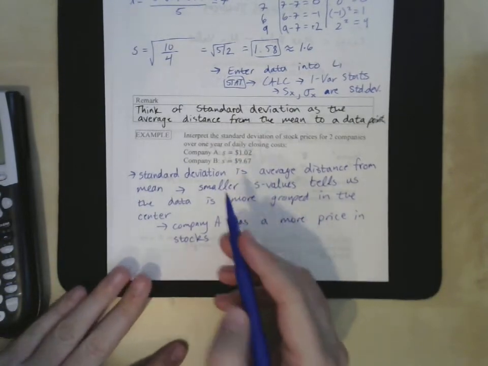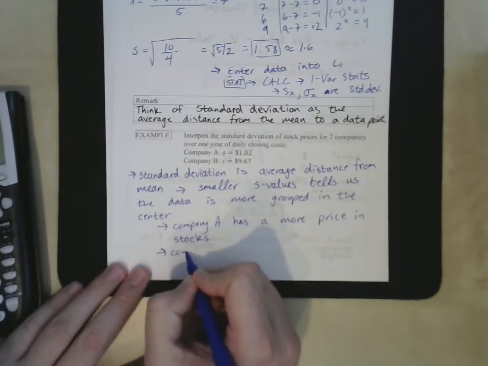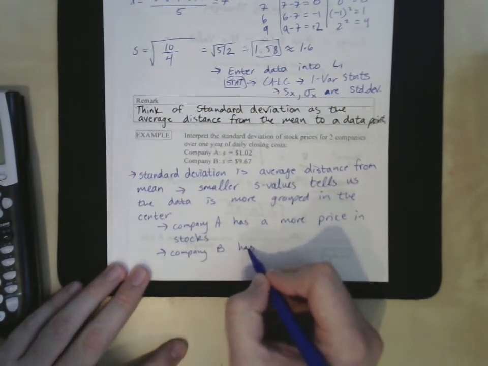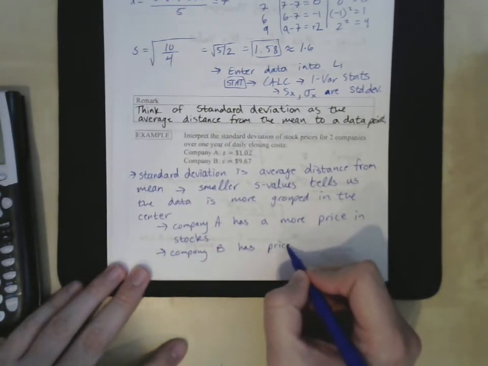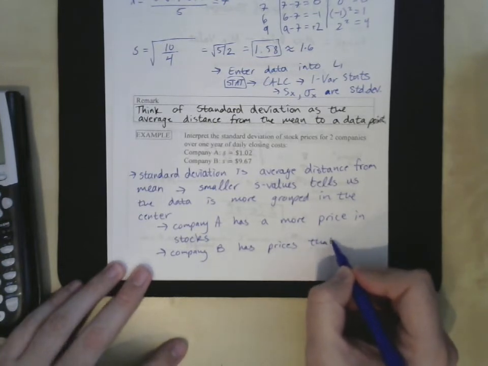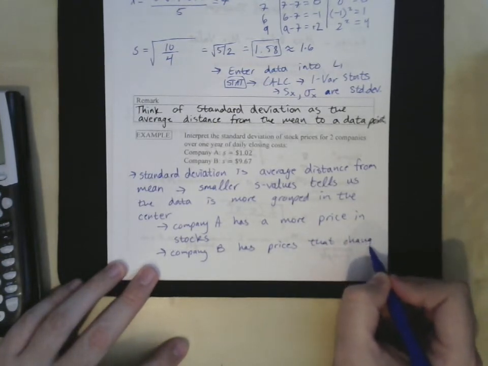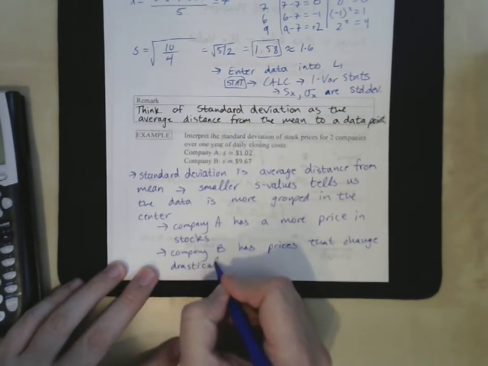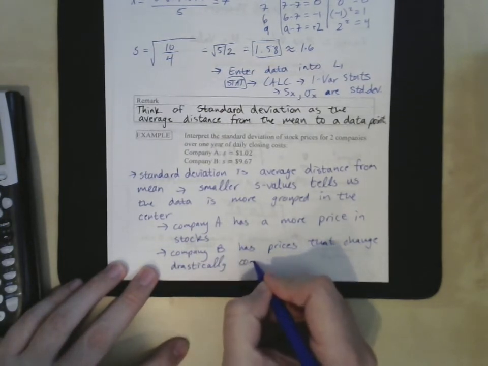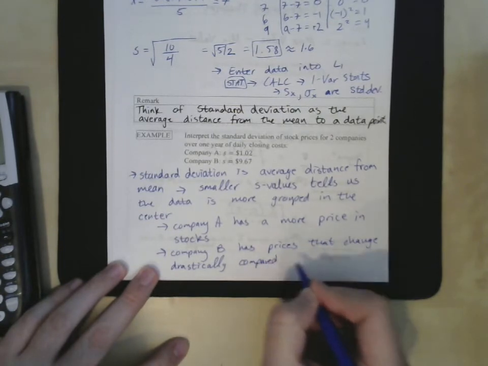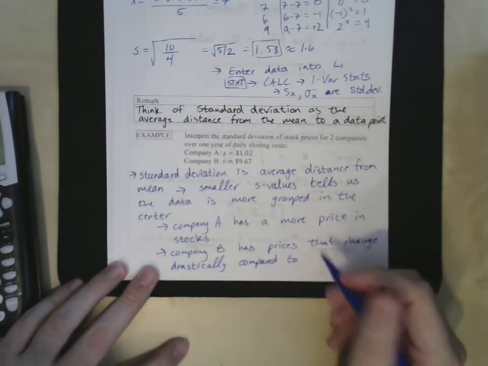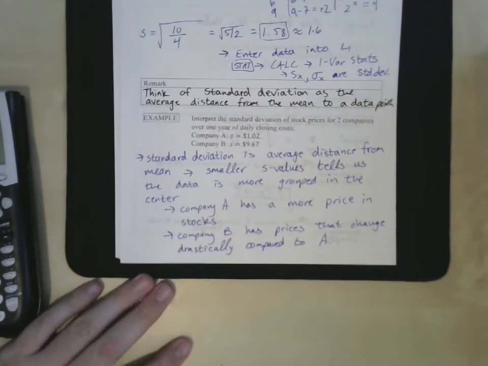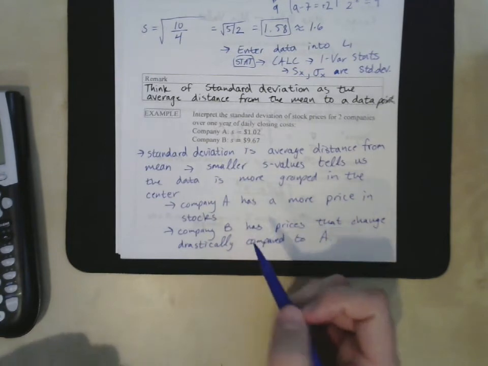Whereas company B has prices that change drastically, comparatively speaking, compared to A. Right, so this could be, for instance, Zoom.